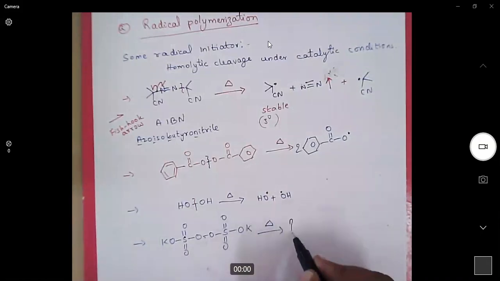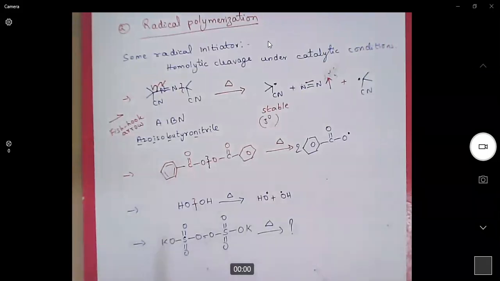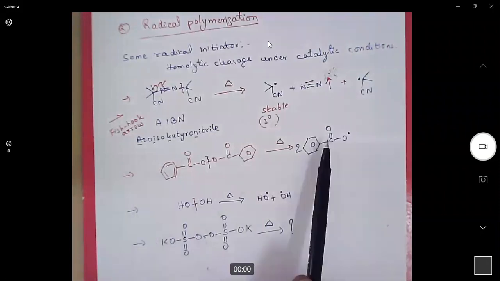Please try to write the structure of the radical generated. Now these are just some examples of radical initiators. That means if you want an organic reaction to proceed through radical intermediates, then a radical in the monomer can be generated using these initiators. These initiators first generate a radical, and this radical will react with the monomer molecule and generate a monomer radical.